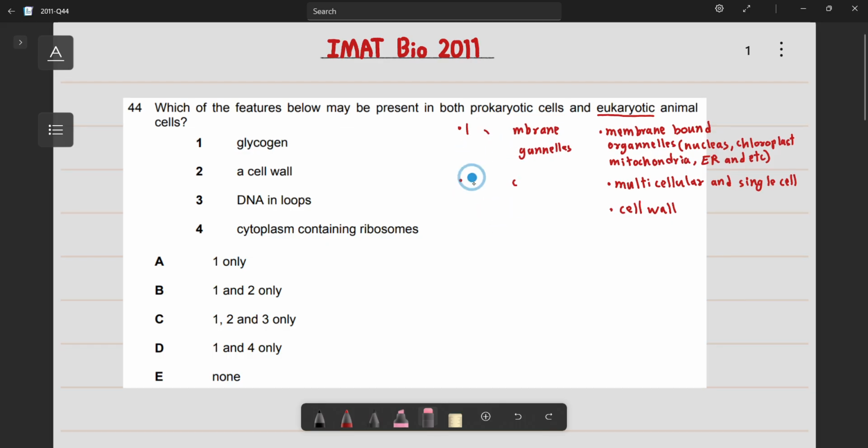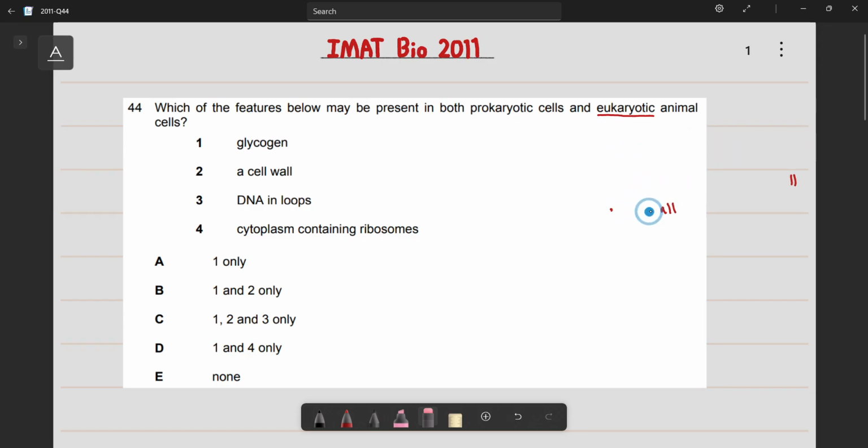Now I'm going to go through the four structures and list out their basic functions and definitions. First of all, we'll go with glycogen. Glycogen is basically a highly branched polymer of alpha glucose.